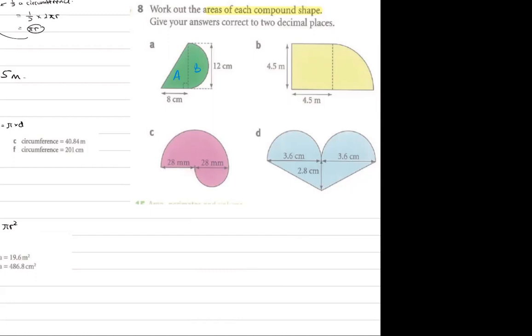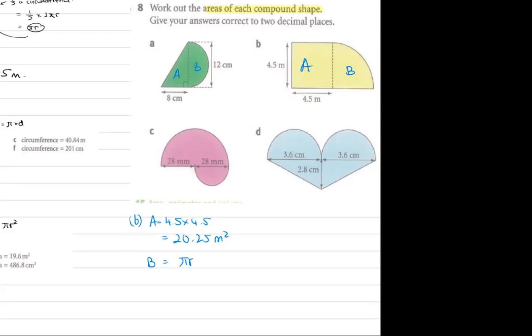For 8, let's look at B. B is a square and a quarter of a circle. Area A is quite easy, 4.5 times 4.5, we get our answer. 20.25 square meters. Area for B is actually a quarter, so I just take the area of a circle divided by 4.